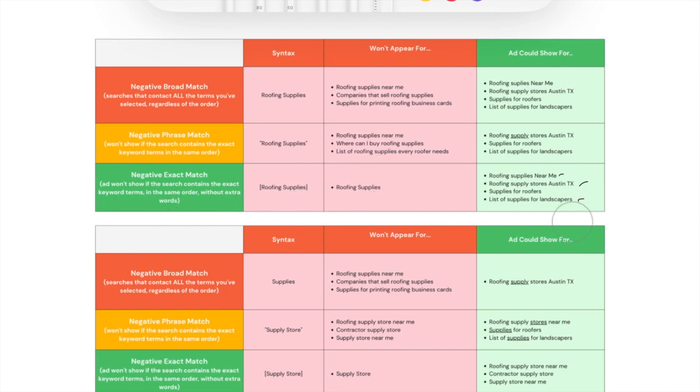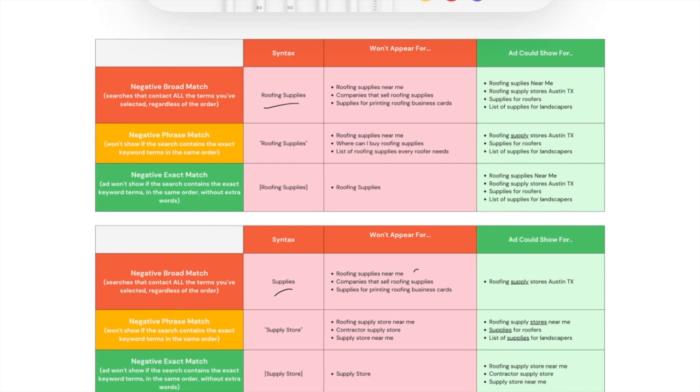So let's go down and give you some examples of maybe a better way to do it. We're in this column now. Let me erase that. Okay, so this time, instead of doing roofing supplies, we're just going to put in supplies. So anything that has the word supplies, I don't want to show for.